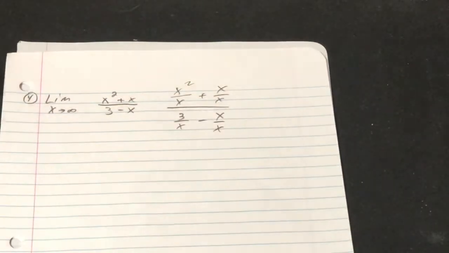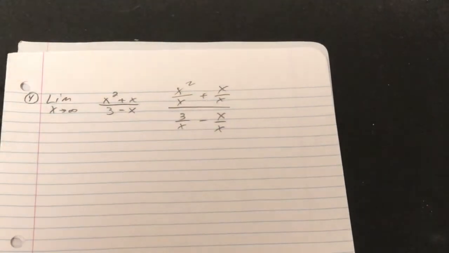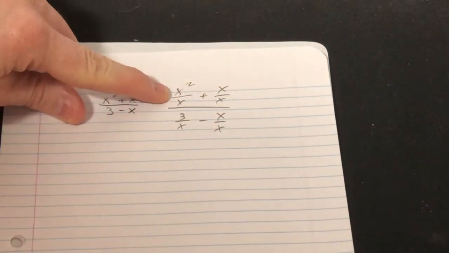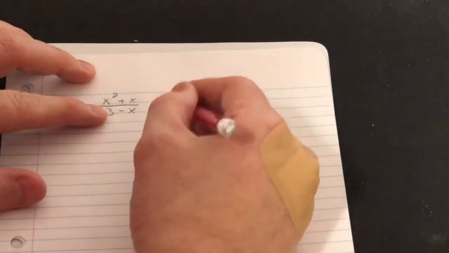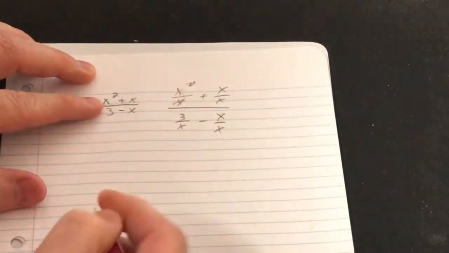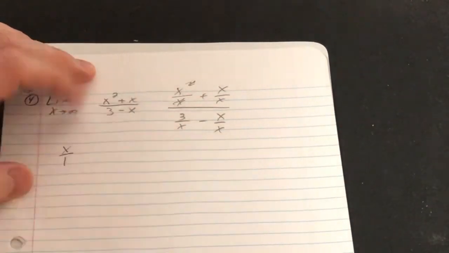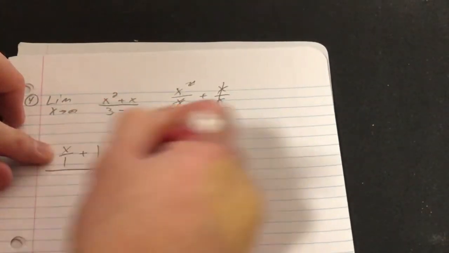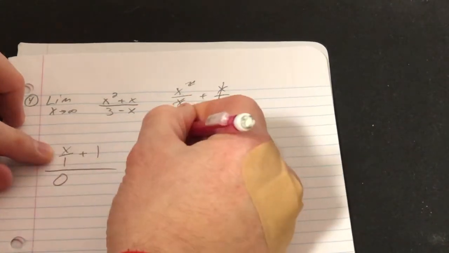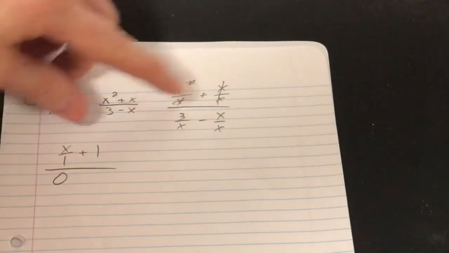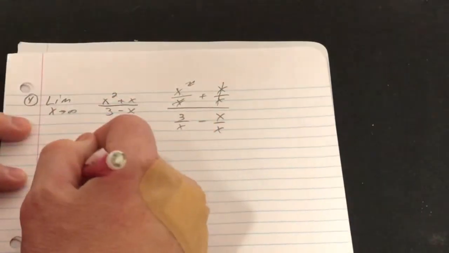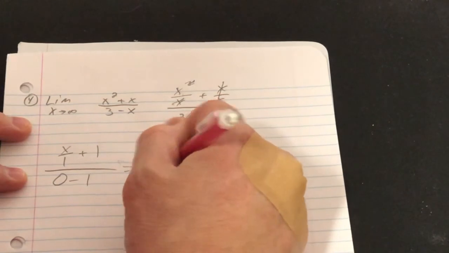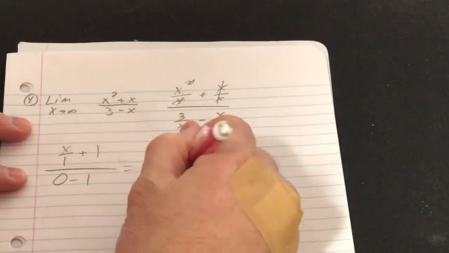So again, we're just going to divide, but we're unique right here. So this will cancel. You're left with x over 1, plus that cancels to 1. And then that's 0. 3 over x turns to 0. Minus, this turns to 1. So now we end up with x plus 1 over negative 1.